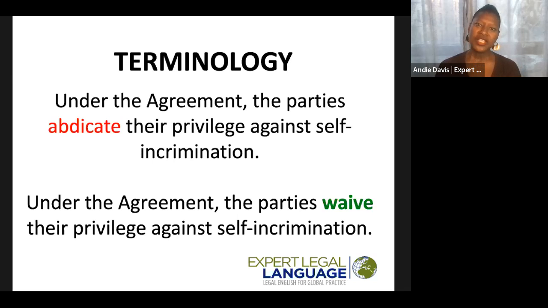In English, when we speak of abdication, we either are speaking of a queen or king choosing to abandon the throne, or we may speak of abdicating responsibility for a task or an undertaking. I think what this person should have said was, under the agreement, the parties waive their privilege against self-incrimination. In other words, they choose not to exercise that privilege. They waive it, but they don't abdicate it.